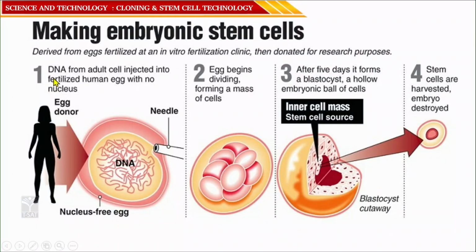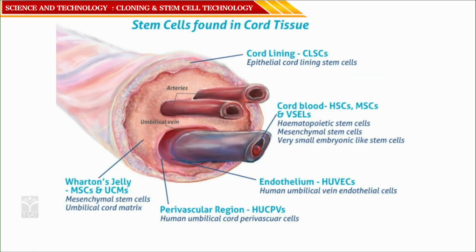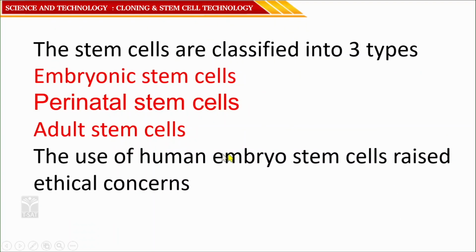So this is how, at different stages, primary stem cells or embryonic stem cells are collected from the morula or blastocysts. The blastula is a stage after morula. The second variant of stem cells is known as perinatal stem cells.